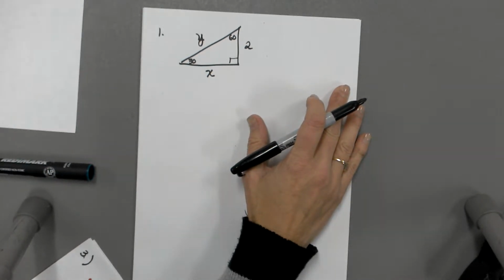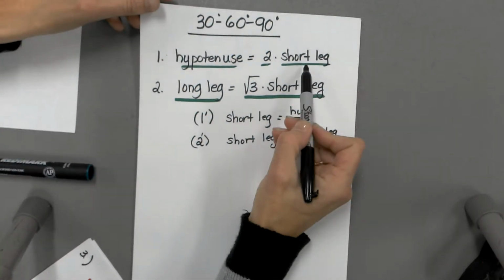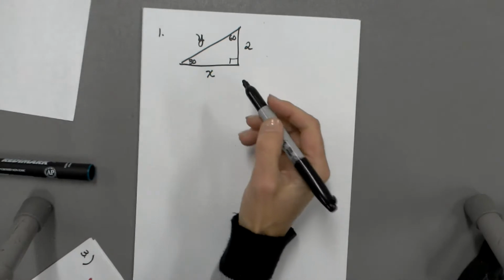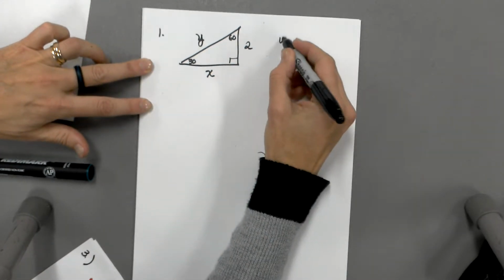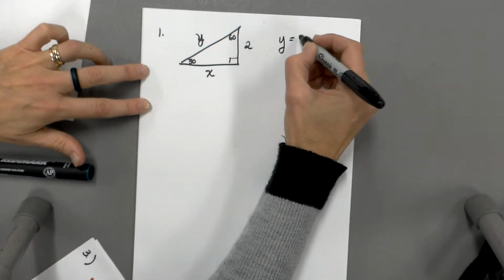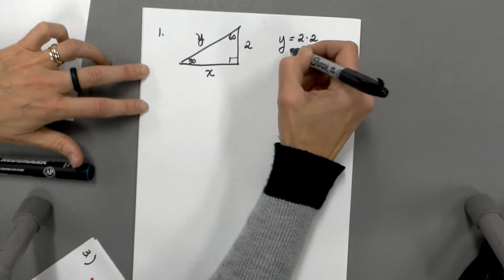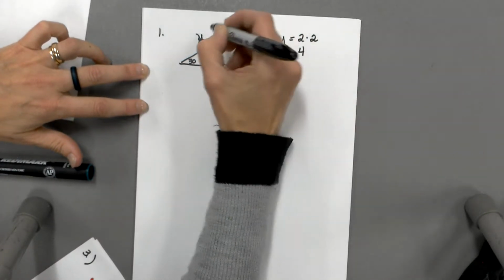According to our rules, if I know the short leg, all I have to do is multiply by 2, and that will give me the hypotenuse. So y is my hypotenuse, and that's equal to the short leg, which is 2, times 2. So the hypotenuse is equal to 4.